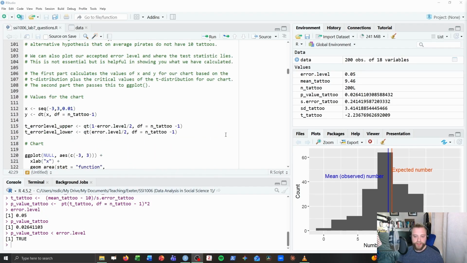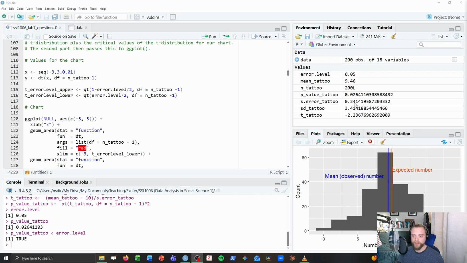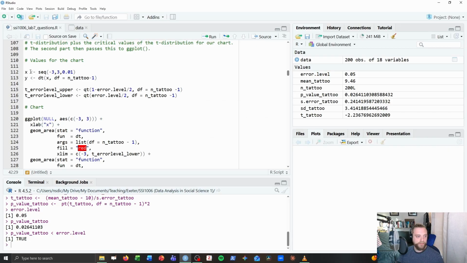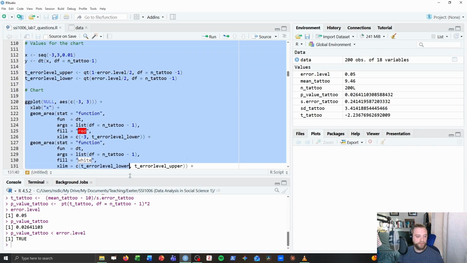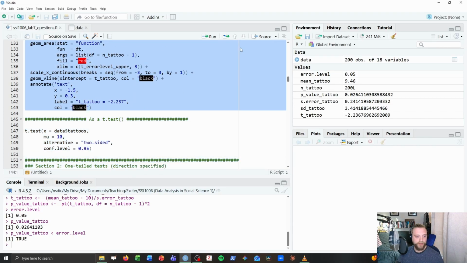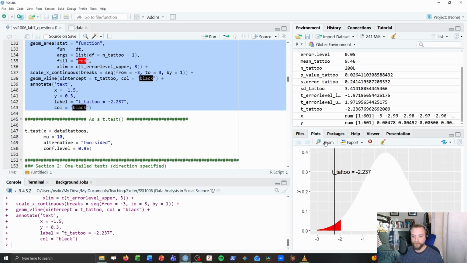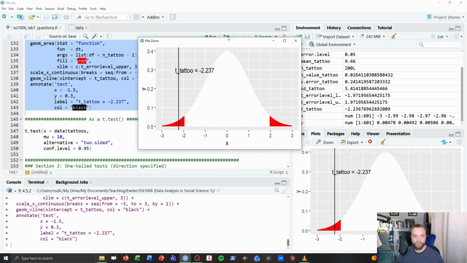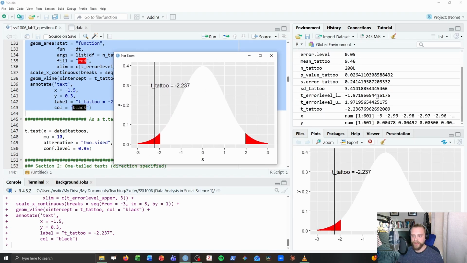Now, if we want to visualize how we got this p-value, because these p-values are always derived from an area under some curve. And in this case, what we calculated was essentially this. So there is our t-value.